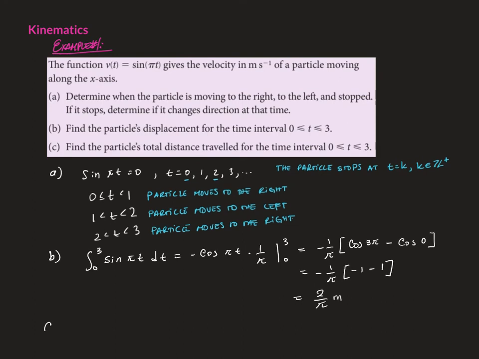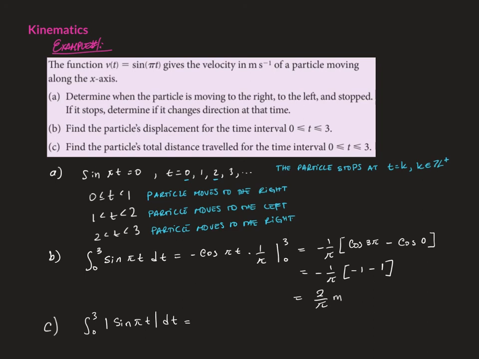Now for C, we have to find the total distance traveled. In this case, the integral that we have to calculate is the integral of the absolute value of sine of pi t dt, which if we do in the calculator, we can just go right away and input this. If we're doing it by hand, it means we have to split the integral.